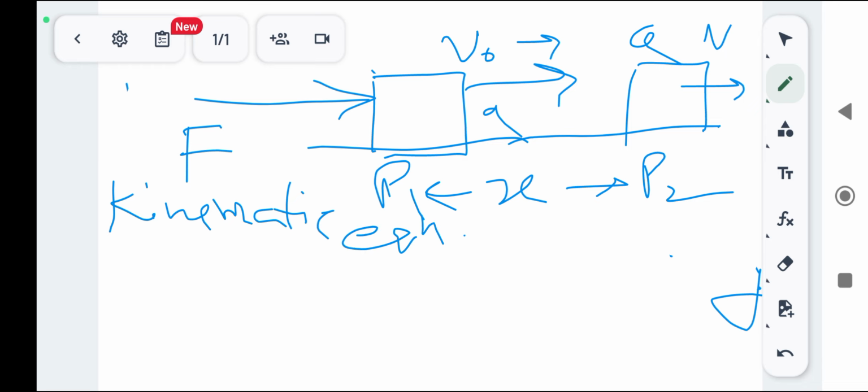Then kinematic equations are: first is v is equal to v0 plus at.